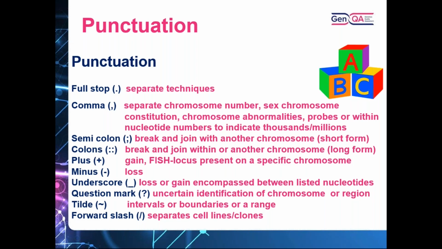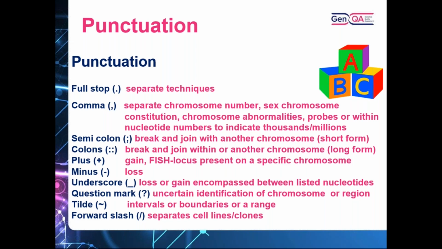The plus sign is used to show gain, and for FISH, it shows that the locus is present on a specific chromosome, and the minus sign shows loss. The underscore is used to show loss or gain that's encompassed between the listed nucleotides, and that's used in arrays. The question mark is used where you're uncertain about the chromosome or the region, and I'll explain a bit more where you use the question mark later.